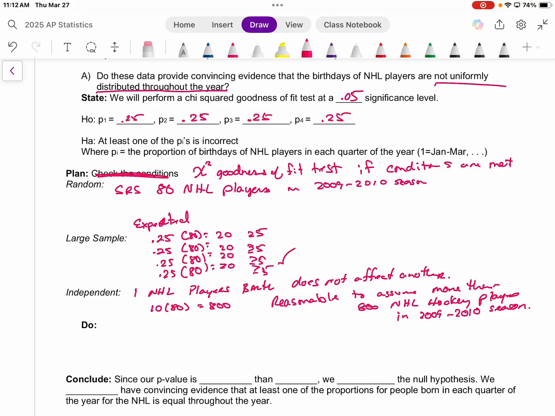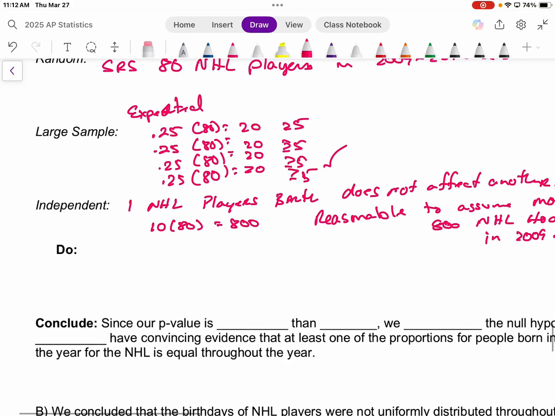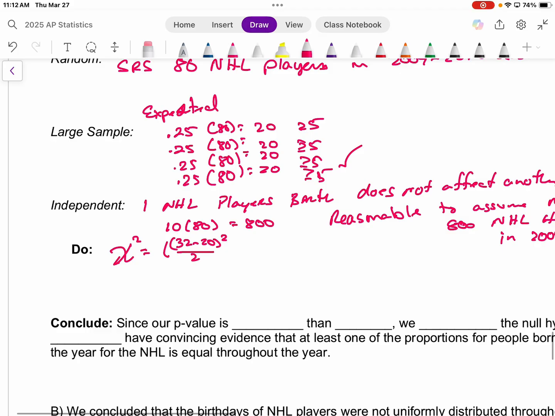So now let's go ahead and do our chi-square goodness of fit. In our stage here, we met the conditions, so now for our chi-squared, we would go through and say it is 32 minus 20 squared over 20, plus the next one, 20 minus 20 squared over 20.